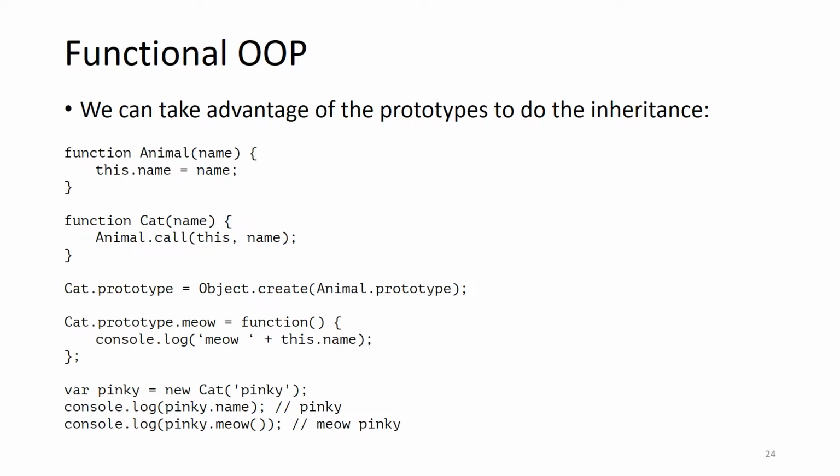And to set this explicitly, we have to say animal.call, pass the this we want and all the other arguments. For now, the argument of our function is name, and this is the same this we have.